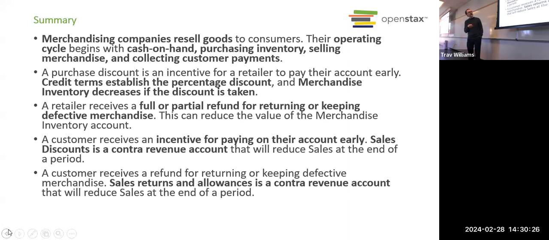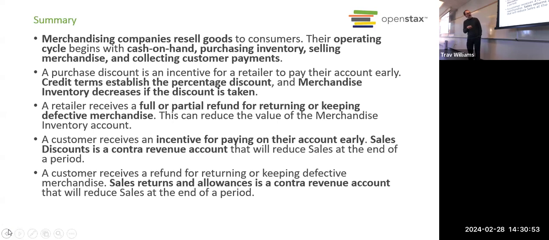If we give a partial refund, well, okay. If they return the item, it's called a return. If they don't return the item, they get an allowance, right? But either way, it reduces how much they owe or entitles them to some cash back.